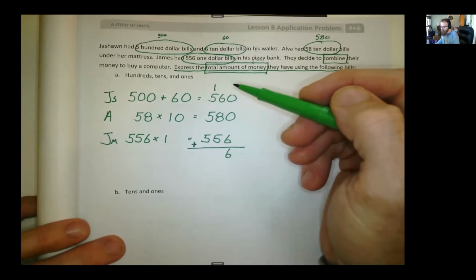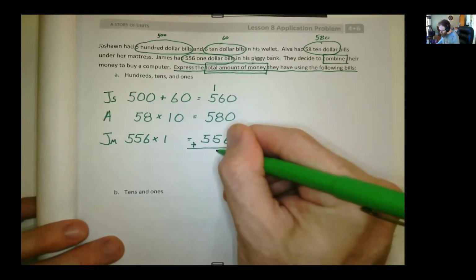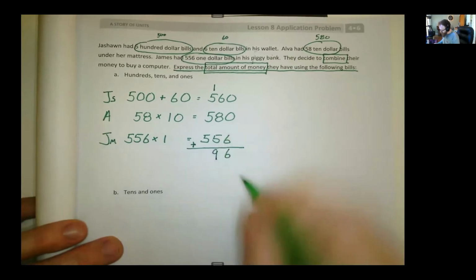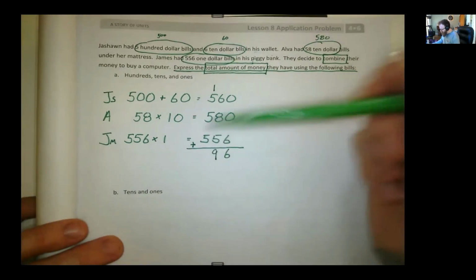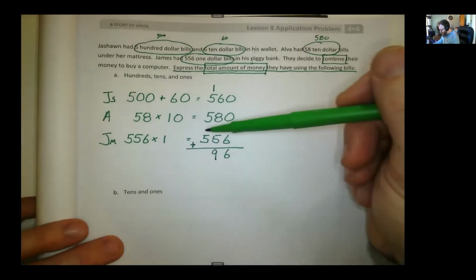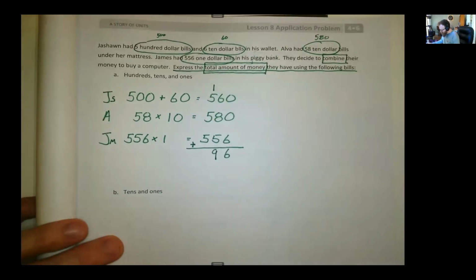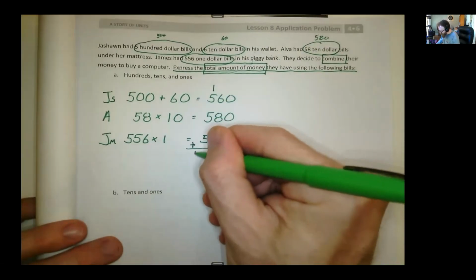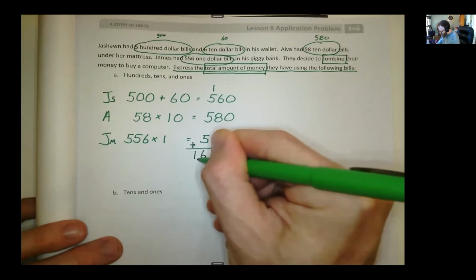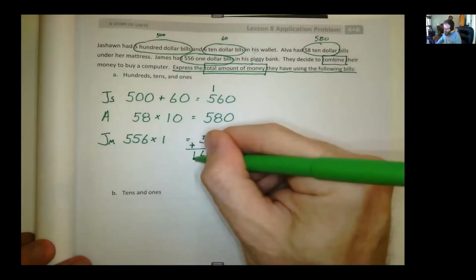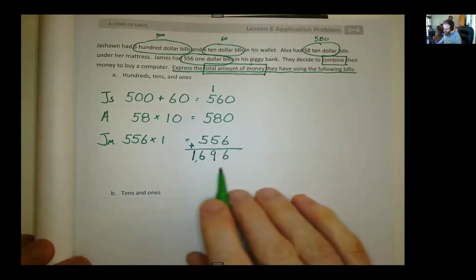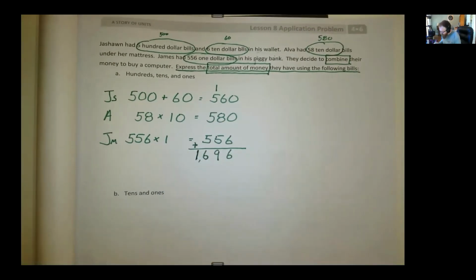And the 9 to our tens place, that's 9 tens. And now we can add the hundreds column. 5, 10, 15, plus 1 is 16 hundreds, which said more correctly is $1,696 is our total.